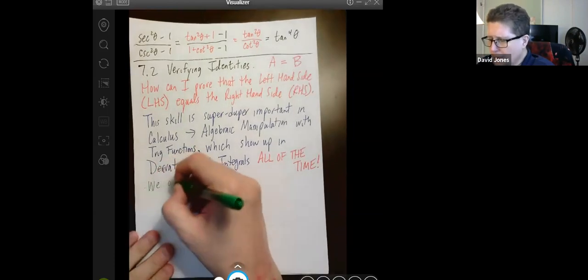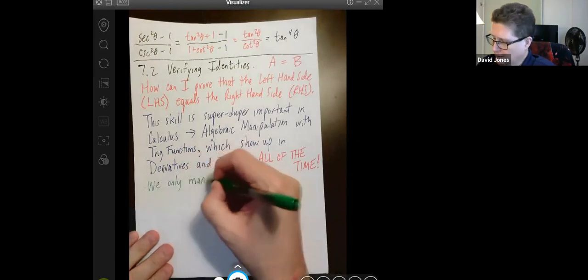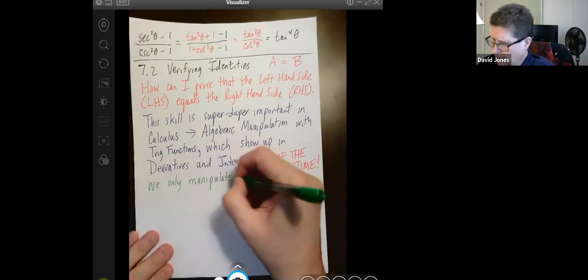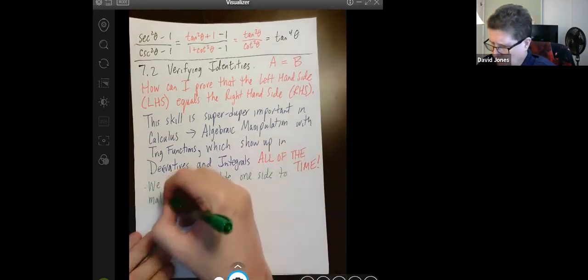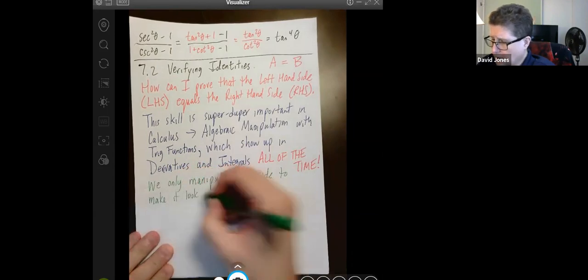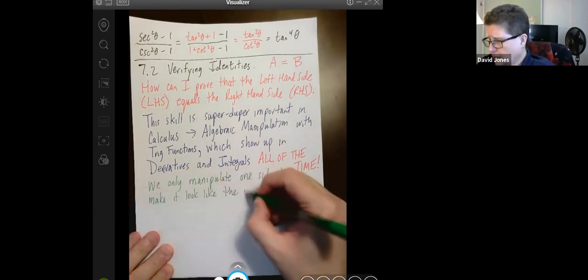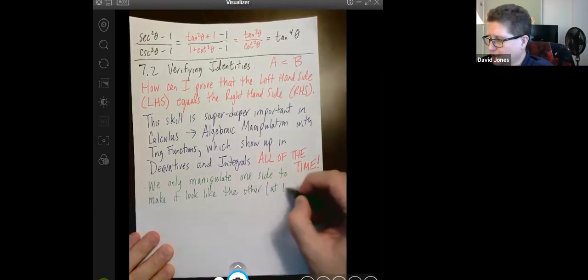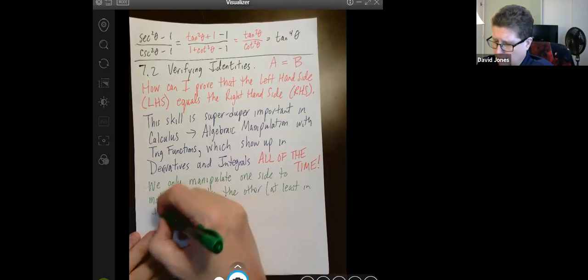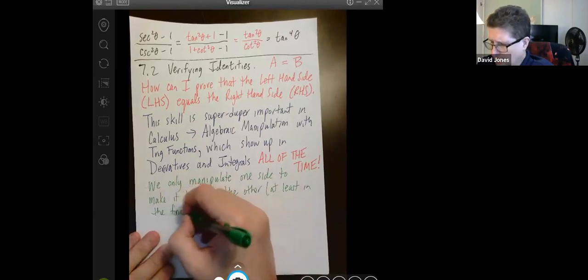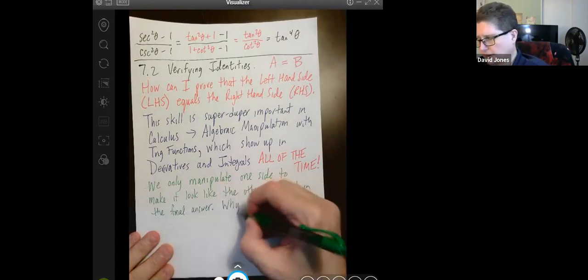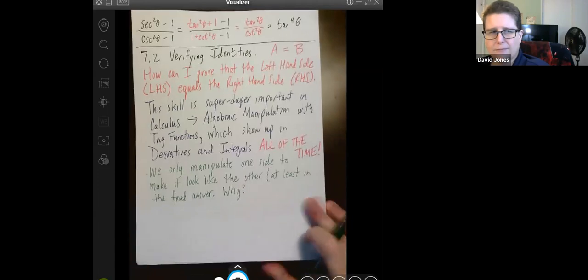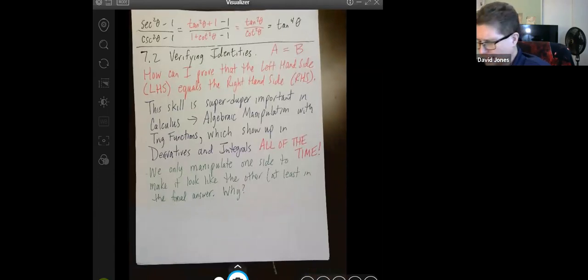We only want to manipulate one side to make it look like the other, at least in the final answer. And you may ask why. Can I tinker around with left-hand side, right-hand side, as long as they end up looking the same? Isn't that what matters?